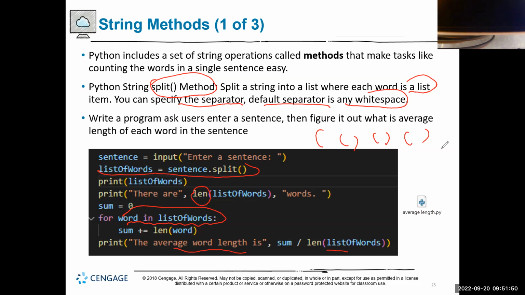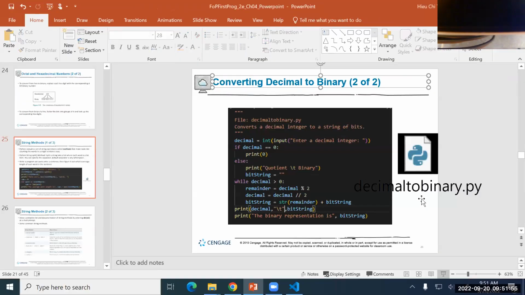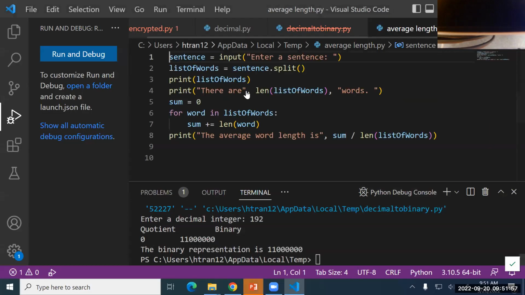So this program, the first step is to separate it, break it down into separate words. And remember, by default, if we do not put anything here, any white space will define the split and break it down into separate words.